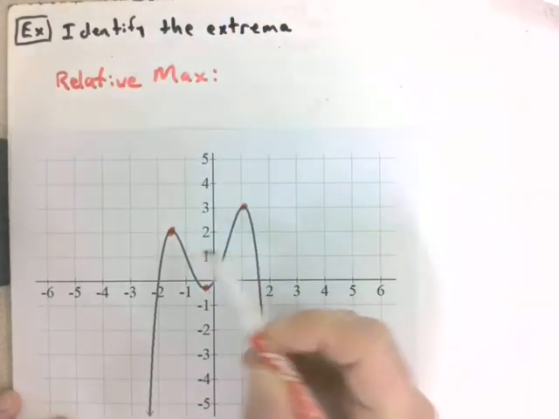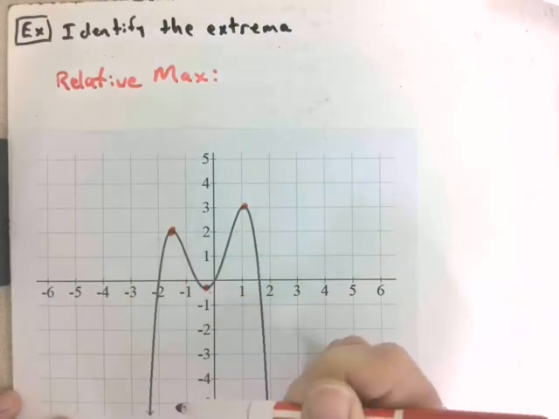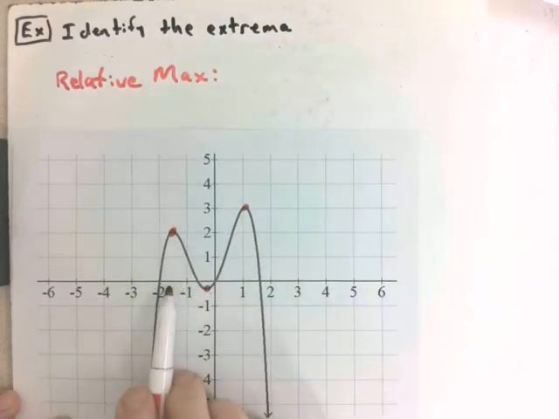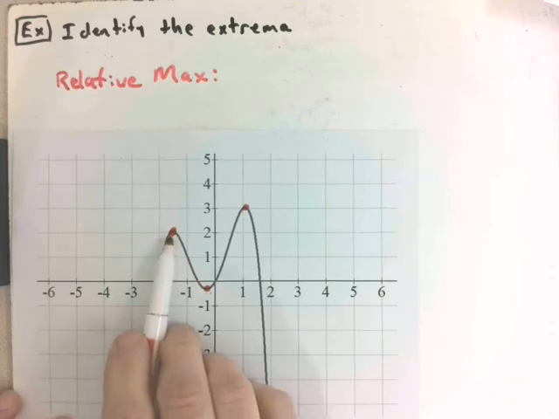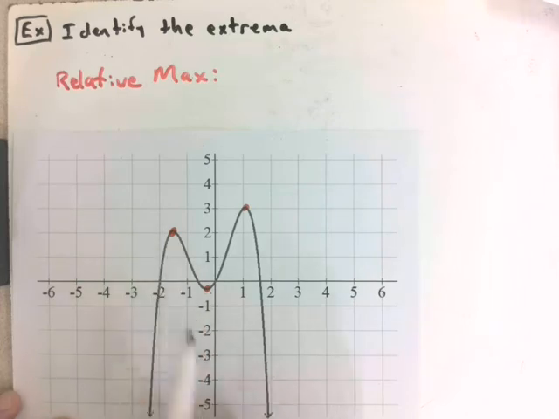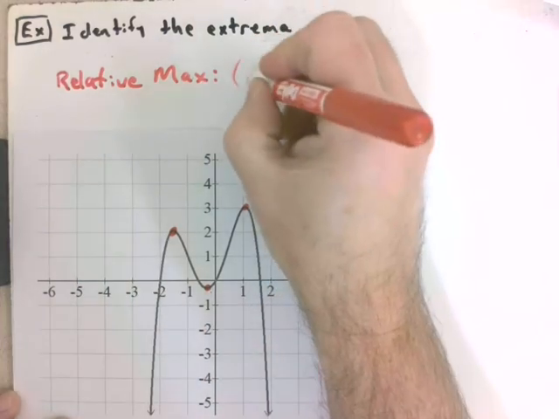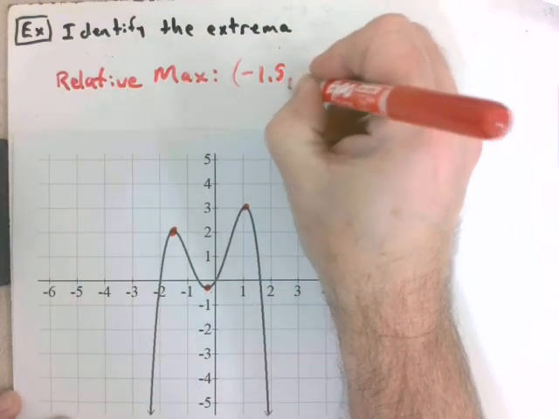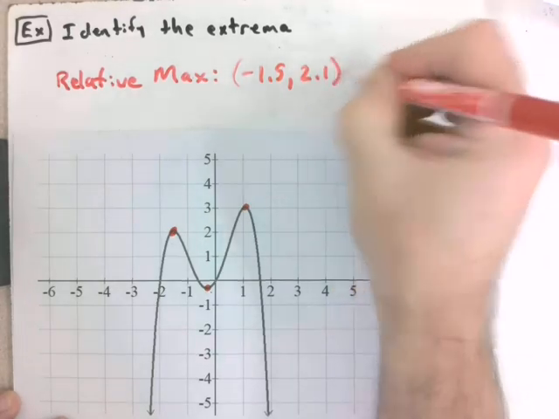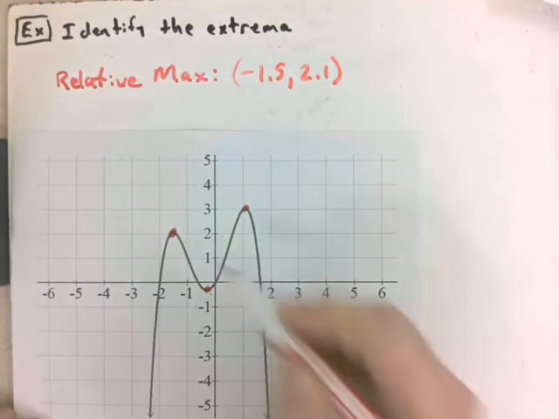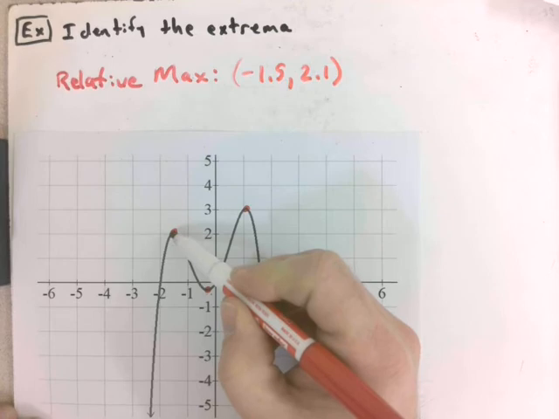And we want to list that out as an ordered pair. So if I approximate that, it looks like it's at about negative 1.52 or maybe 2.1. So a negative 1.52 or 2.1 would be good. So there's our ordered pair for this relative maximum.